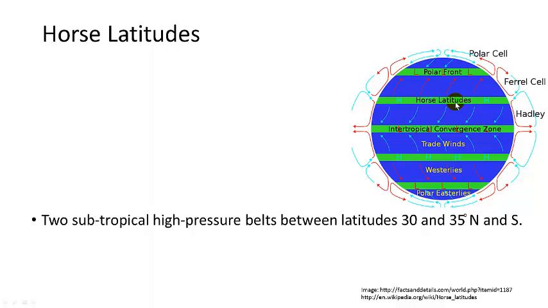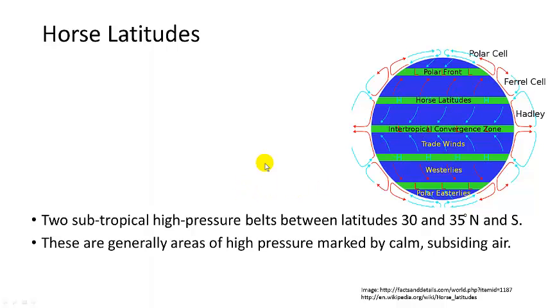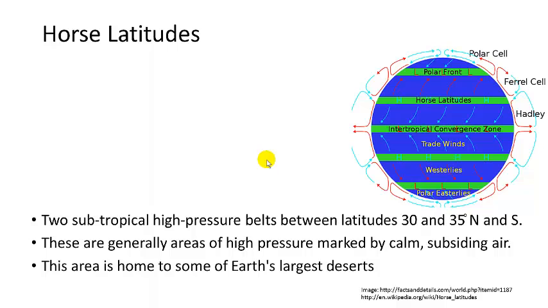They are sometimes said to have even dumped their horses overboard rather than being caught in the horse latitudes for some periods of time. And we get those two characteristic belts of relatively low winds in those mid-latitudes. Generally high pressure, generally subsiding air, but again remember that the real picture is much more complex.